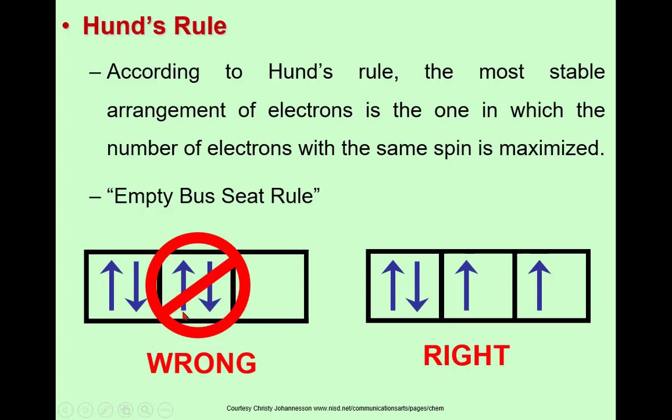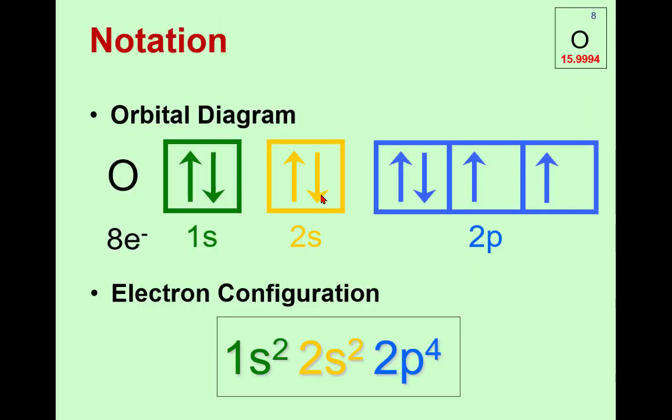So an electron wants to spin, so it has to be placed here. By this Hund's rule, if we go on filling electrons, we have to put them here.